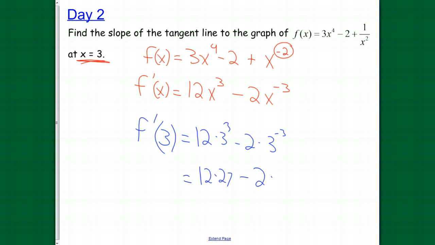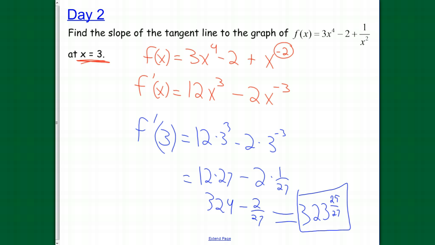Minus 2 times 1 over 27. So on the calculator, 12 times 27, 324, minus 2 27ths for a grand total of 323 and 25 27ths.